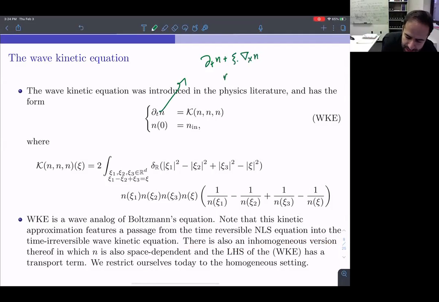So n would be a function of t, x, and xi, instead of just t and xi. Today, I will restrict attention to the homogeneous setting, which is why there's no transport term on the left-hand side of this equation.